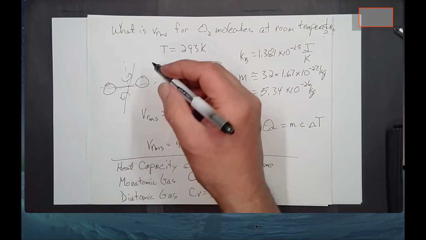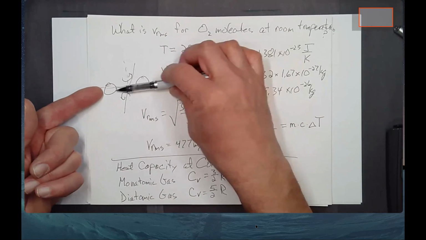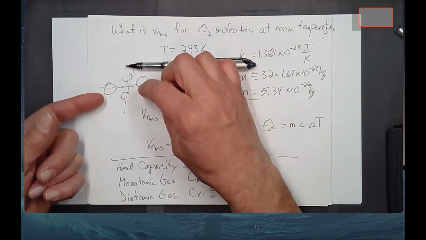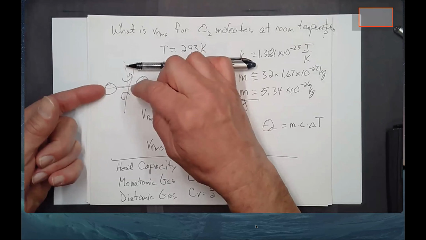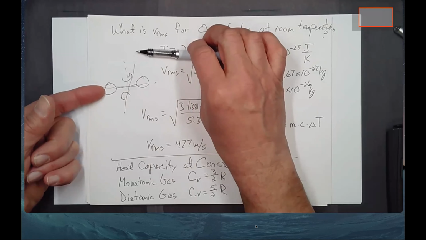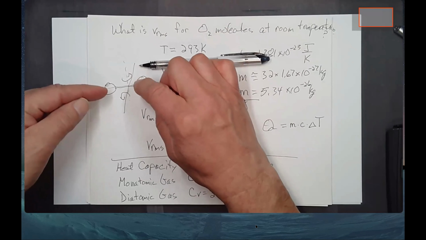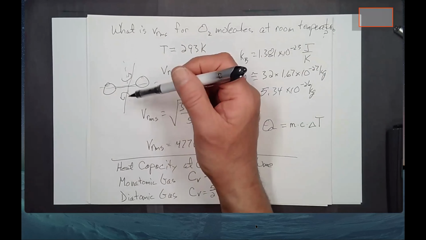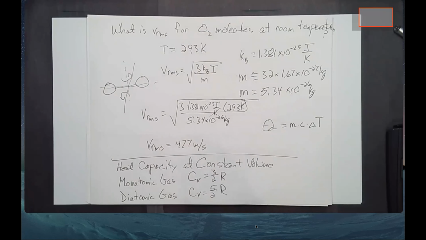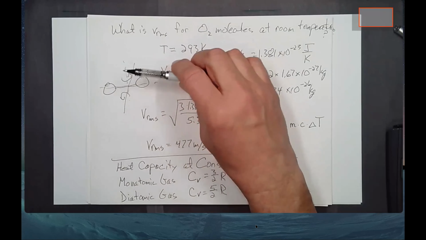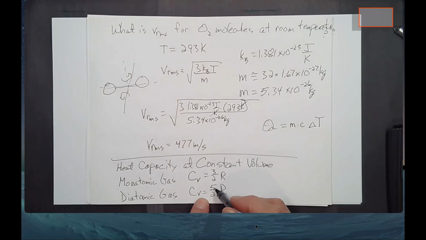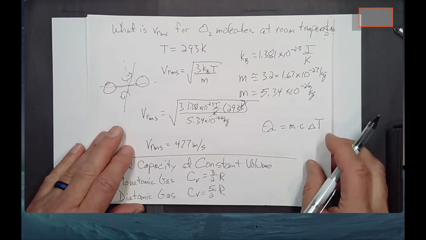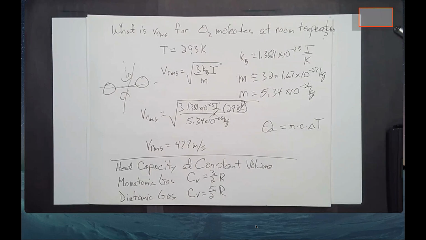The third axis, looking down the axis of the molecule itself, isn't considered a degree of freedom, because there's not going to be much energy in that rotation, for one thing, and it's not easy to get it moving in that direction. So for a diatomic gas, in addition to going in the X, Y, and Z direction, it can also rotate around a couple of axes, and that's why you get a number in this numerator that's 2 more than that number there. That's kind of a weird thing that can happen.